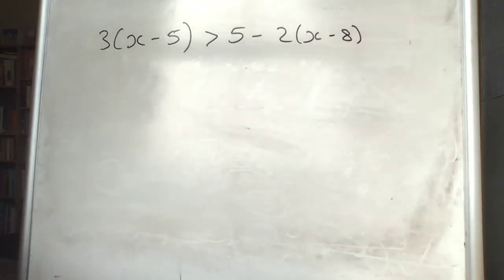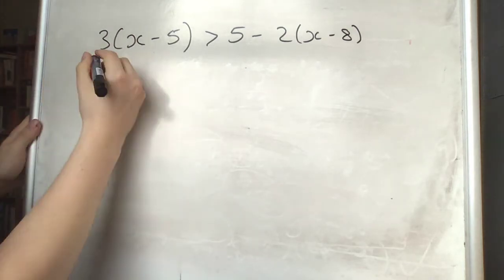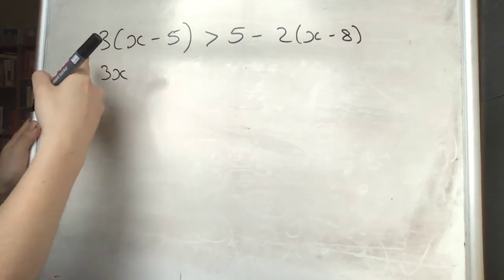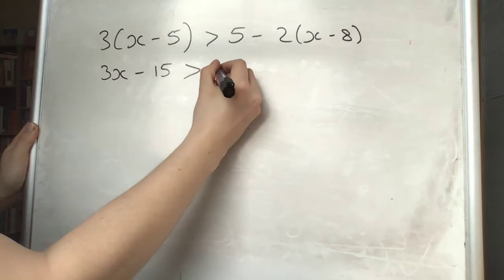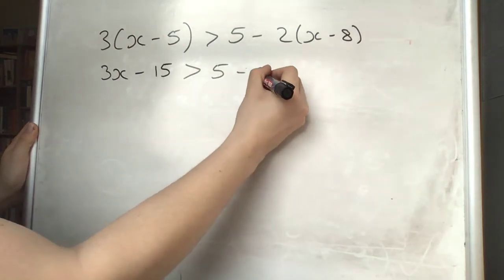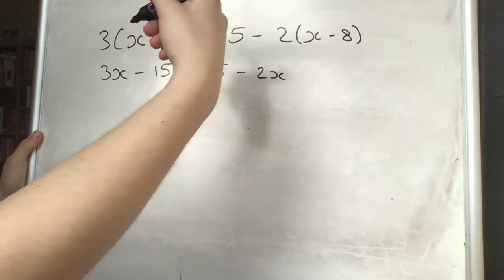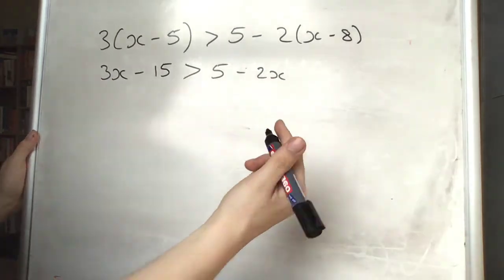The first thing we want to do is expand our brackets. So let's rewrite this in full. 3 times x is 3x, minus 5 times 3 is negative 15, and that's greater than 5 minus 2 times x is negative 2x, minus 2 times negative 8, well, we've got two negatives, which makes a positive.